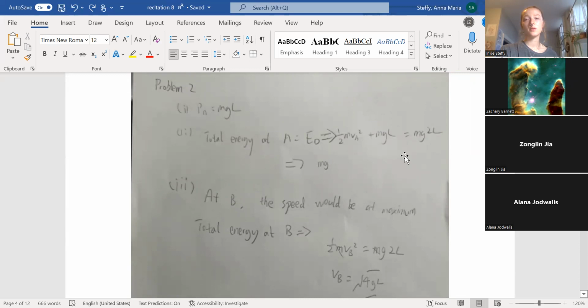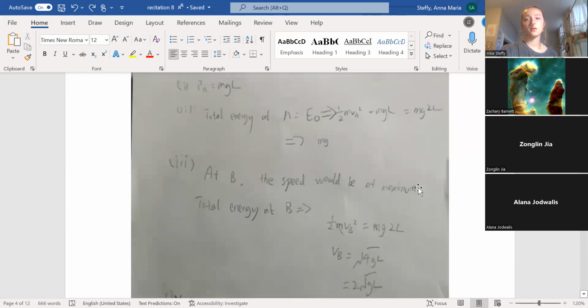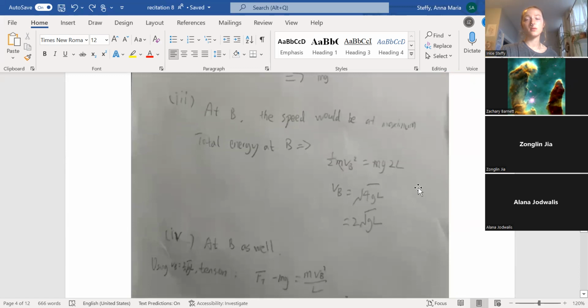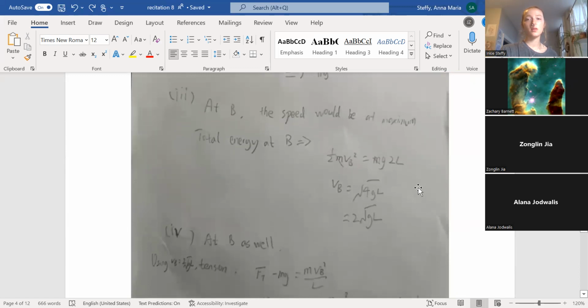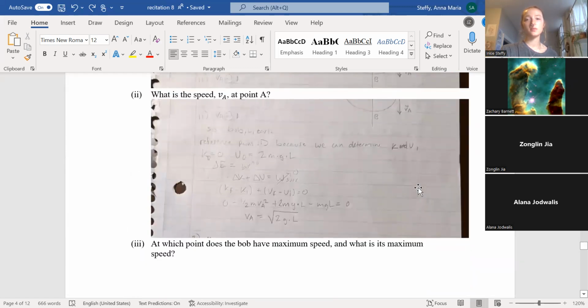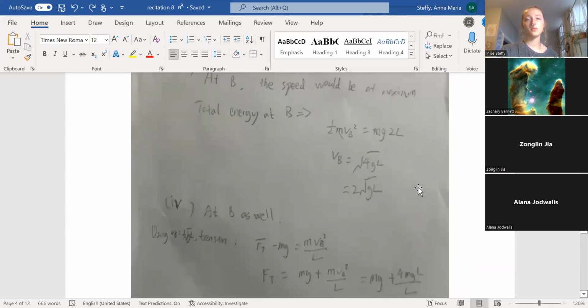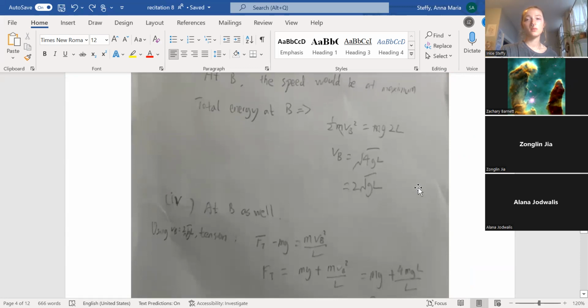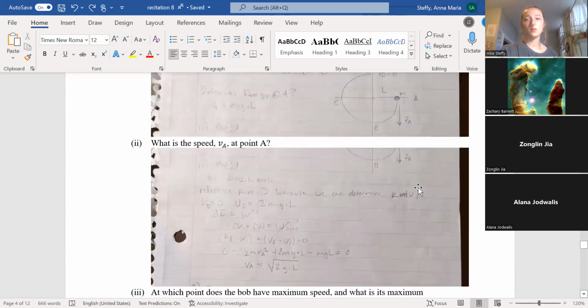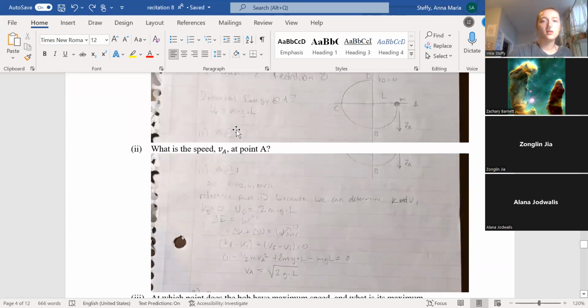I didn't quite finish part 2 of problem 2. Oh yeah, I did the time wrong in part 3. I thought the potential energy at A would be really simple because it's just the equation that we have always used.